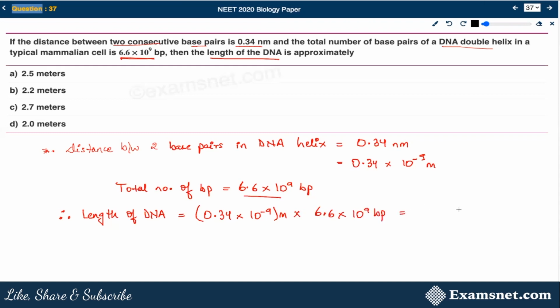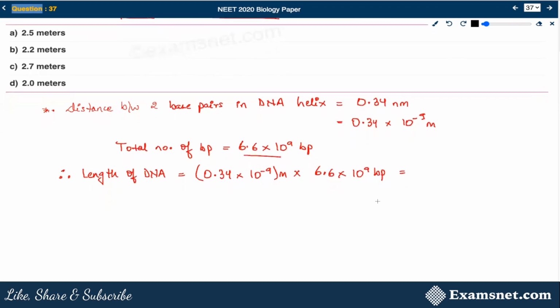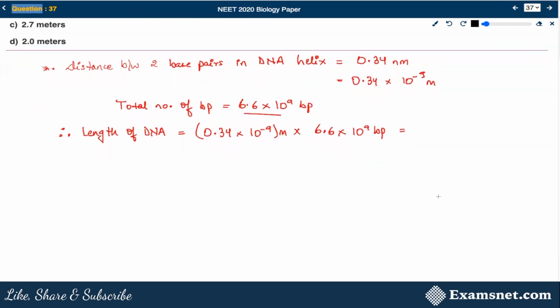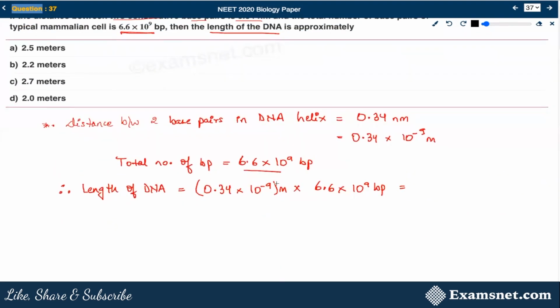And if you calculate these two, that will give you a measurement of around 2.2 meters.